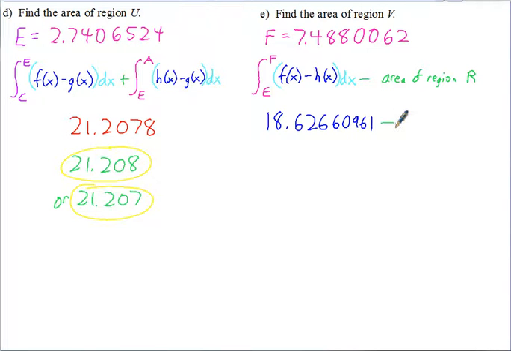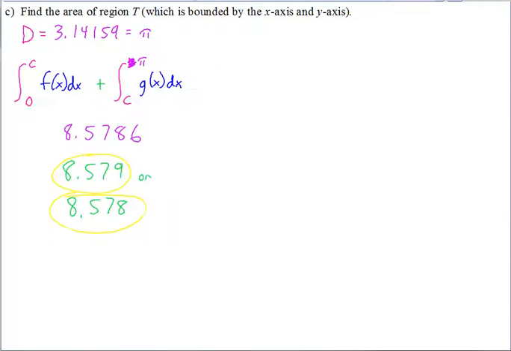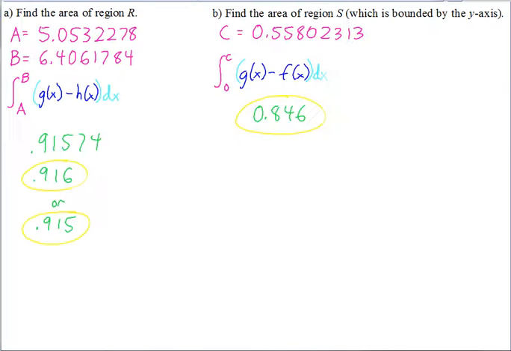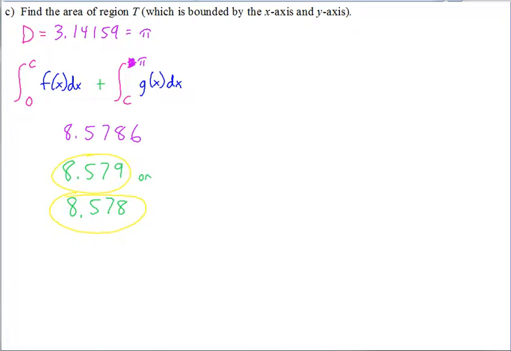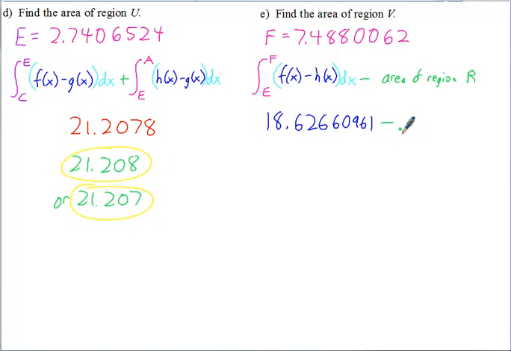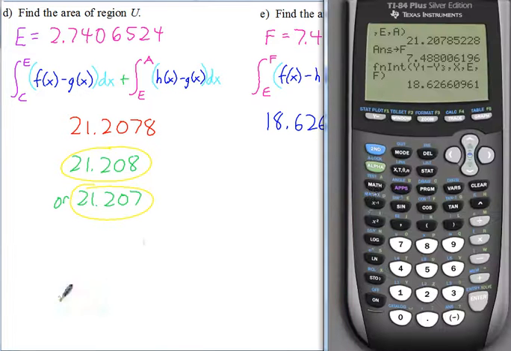Minus, if you look back, our area of region R was 0.91574. So in your calculator, you can just have that do it for you.